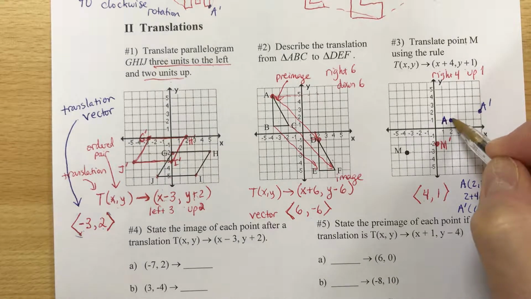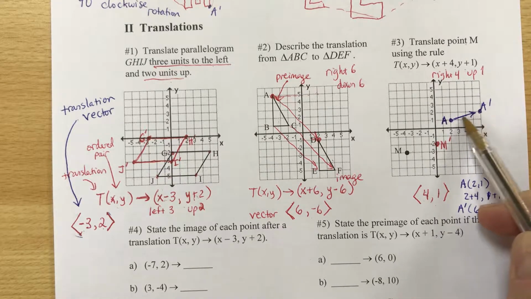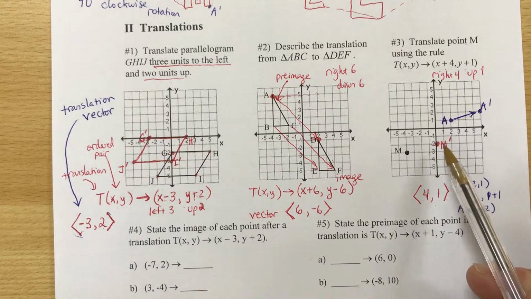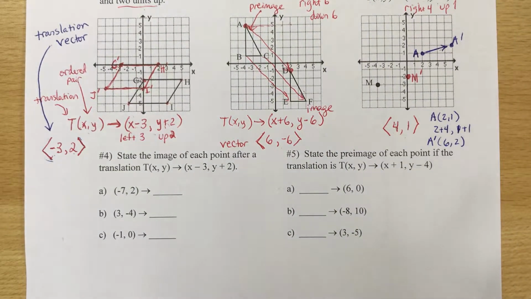And so the vector looks like this. If I draw the arrow, that would be the translation vector drawn out. You don't have to draw that, but again, we're just counting left, right, and up, down when we make the slide. Okay, so the last 2 problems here for number 4 and number 5.